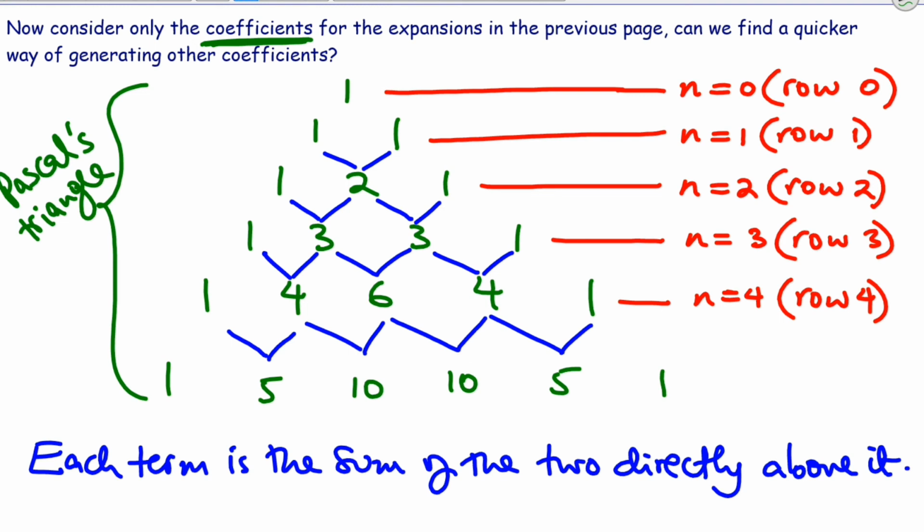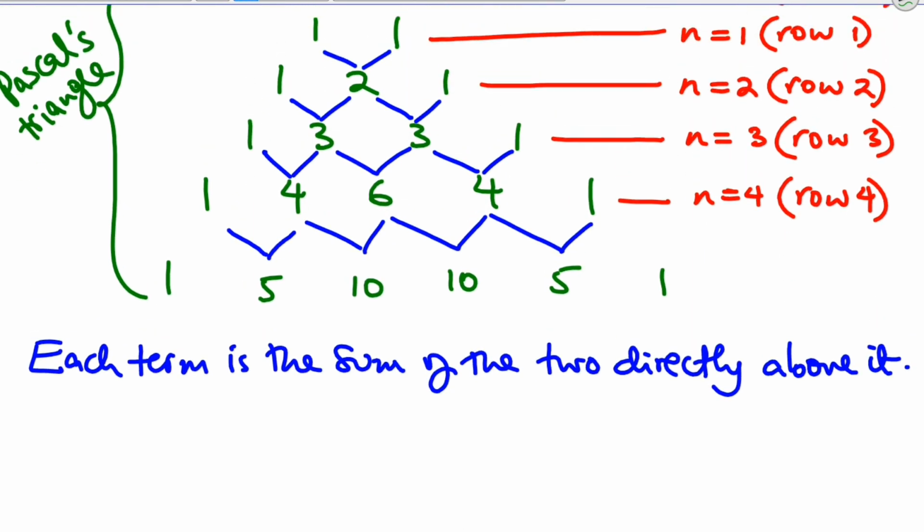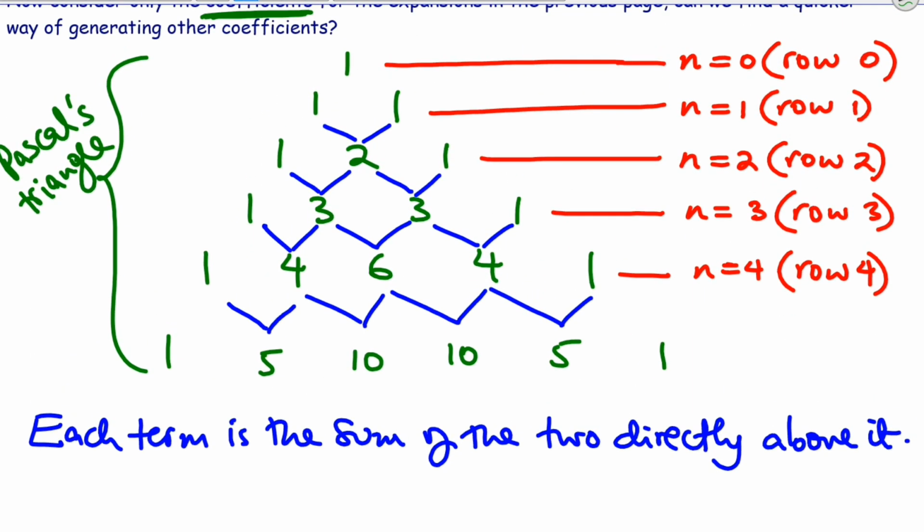And we use Pascal's triangle, okay? So we use these numbers to generate coefficients when the power is not too high, because you can see that suppose n was equal to something like 20, or 15. To generate all those coefficients would take almost a whole page. So there are limits to when we can use Pascal's triangle.